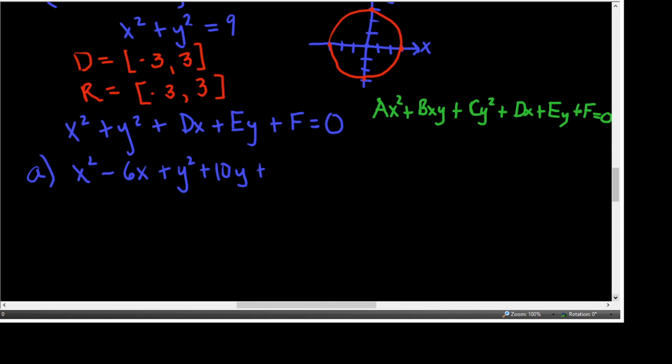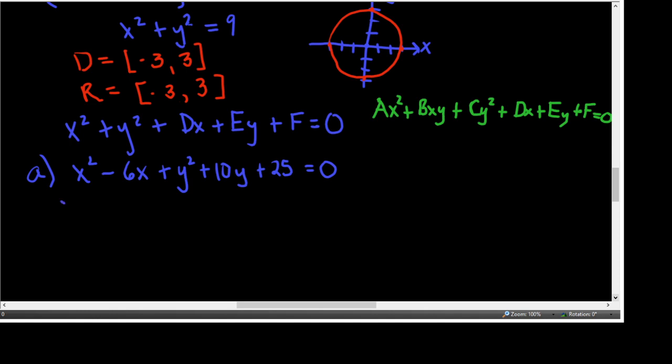All right. Very good. So what we're going to have to do to get this in the standard form, that is the x minus h quantity squared plus y minus k quantity squared equals the radius squared, we're going to have to use a technique called completing the square.